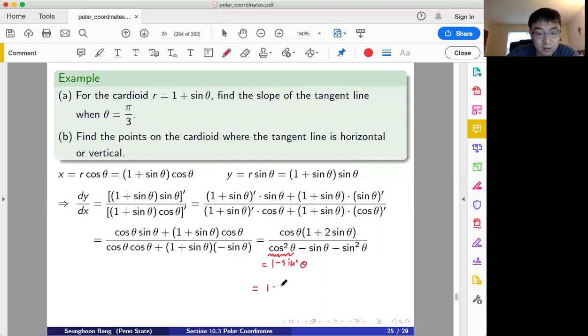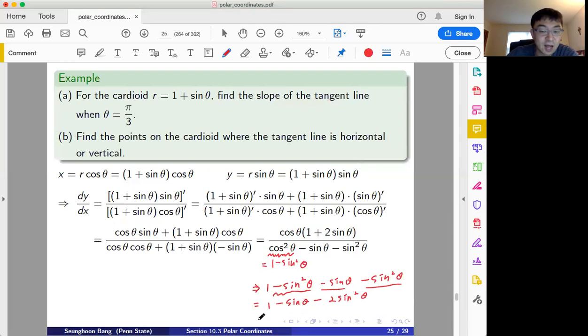This is 1 minus sine square of theta minus sine theta minus sine square of theta. So what's that? This is 1 minus sine theta minus negative sine theta square. Negative sine square theta is negative 2 sine square of theta.